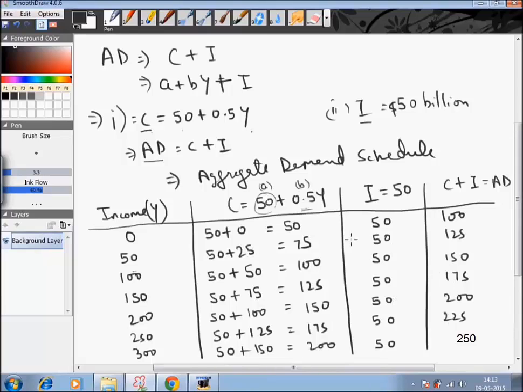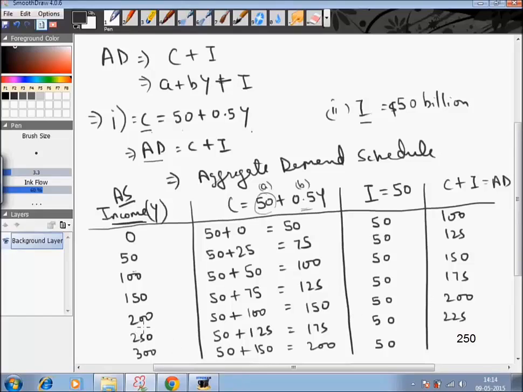Now this is how we get the aggregate demand schedule. As I told you initially, aggregate supply is always equal to the level of income, and so the first column in this particular schedule shows us the aggregate supply. Now, in order to determine the equilibrium level, you have to see the point in this schedule where aggregate supply equals aggregate demand.